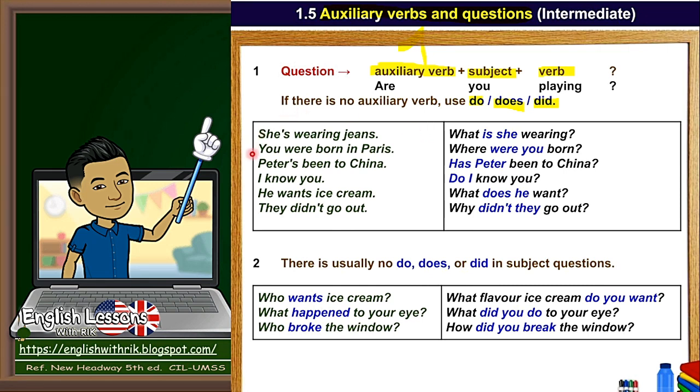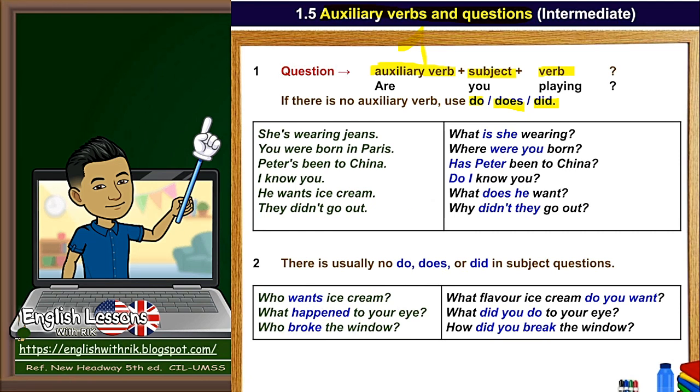You were born in Paris. Where were you born? Peter's been to China. Has Peter been to China? I know you. Do I know you? He wants ice cream. What does he want? They didn't go out. Why didn't they go out?